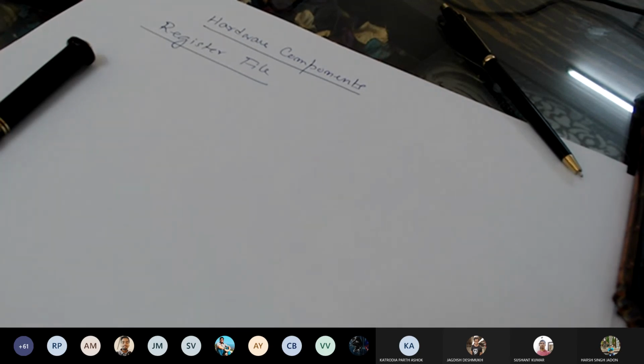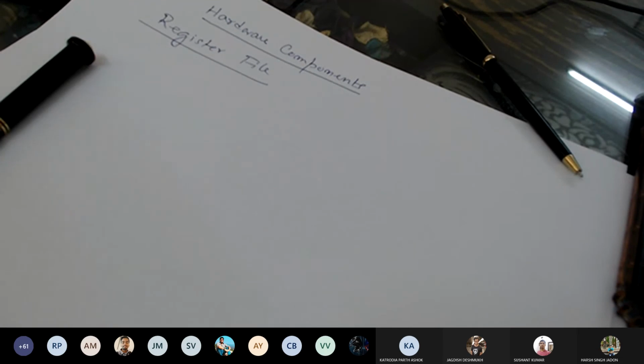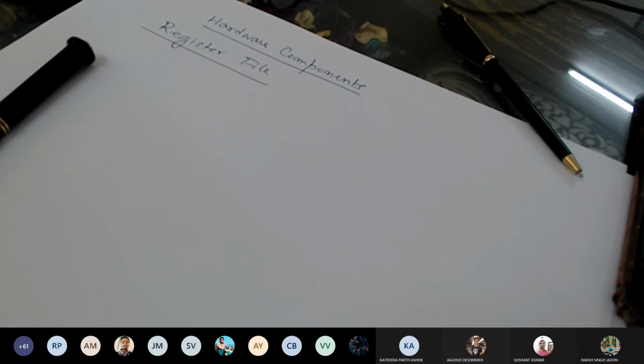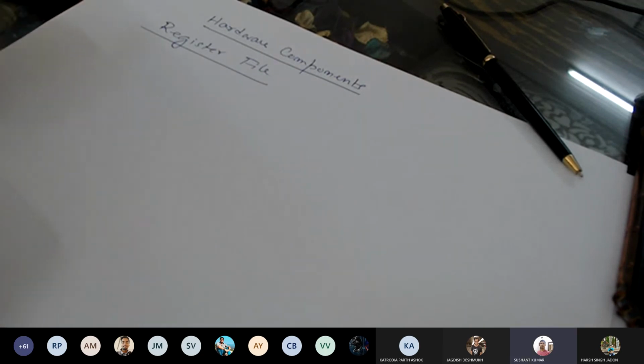What I mean to say, explore all the instructions and see how the register files are accessed, whether they are sequentially accessed or you require parallel access. Parallel access of at least 2 registers is required.